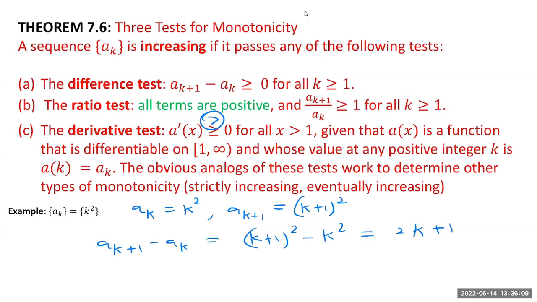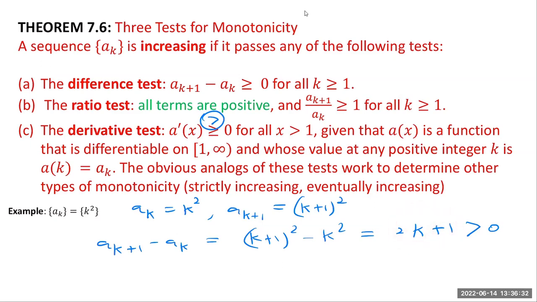As you can see, clearly, this is strictly greater than 0. Would you agree with me? That's because this is a sequence, k goes from 1 to infinity, so k is a positive integer. If k is a positive integer, this plus 1 is also a positive quantity. This whole thing has to be strictly greater than 0.